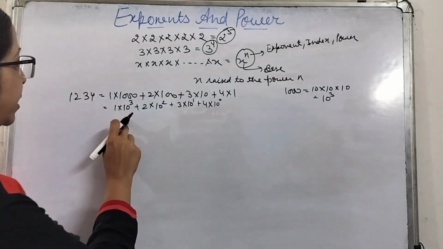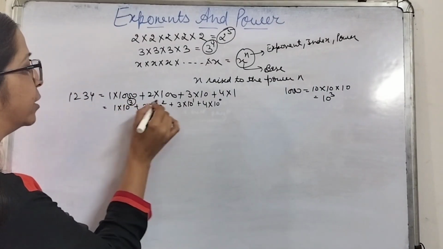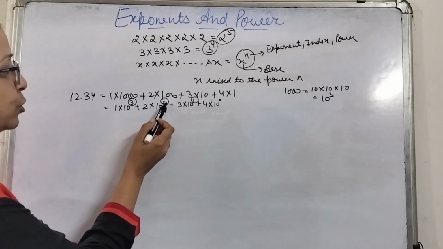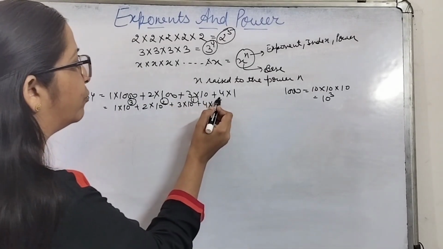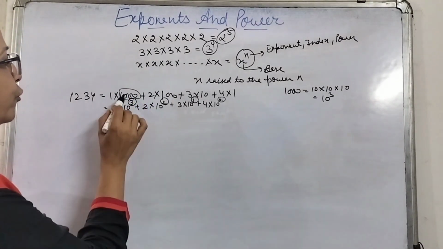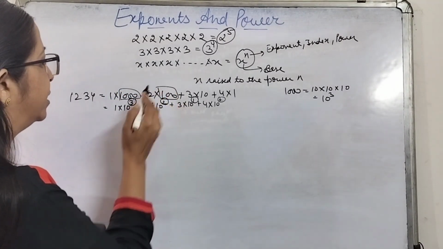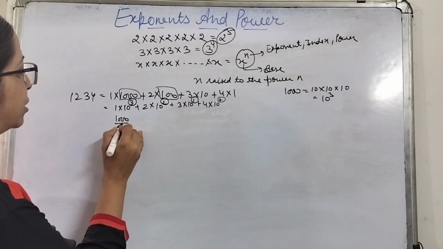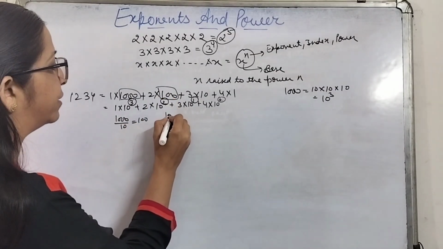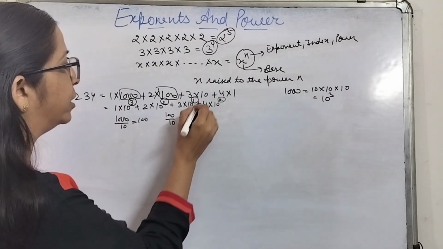Now we can see over here, if the exponent or the power is decreasing by 1, from 3 to 2, from 2 to 1, from 1 to 0, its value is decreasing by 1/10. From 1000 to 100, if we divide 1000 by 10, we get 100. If we divide 100 by 10, we get 10.